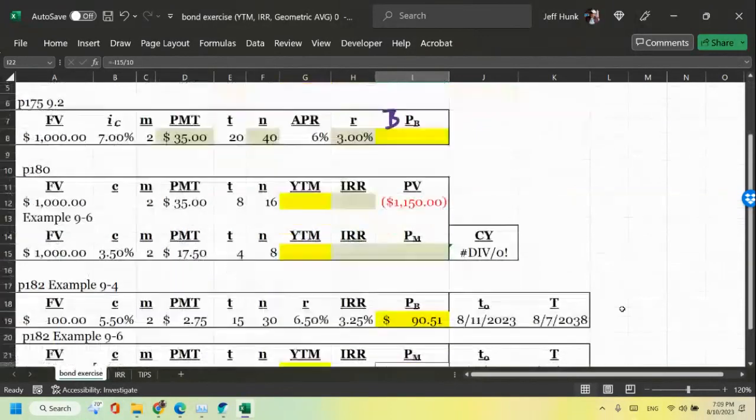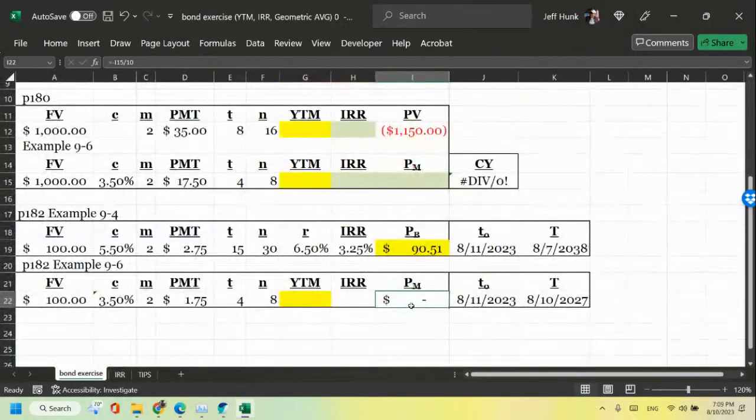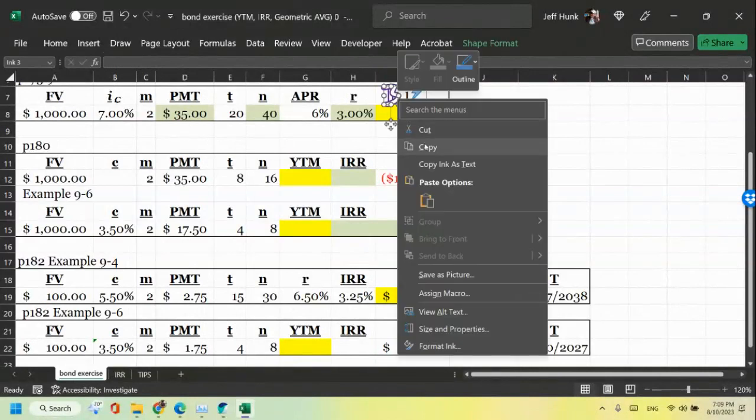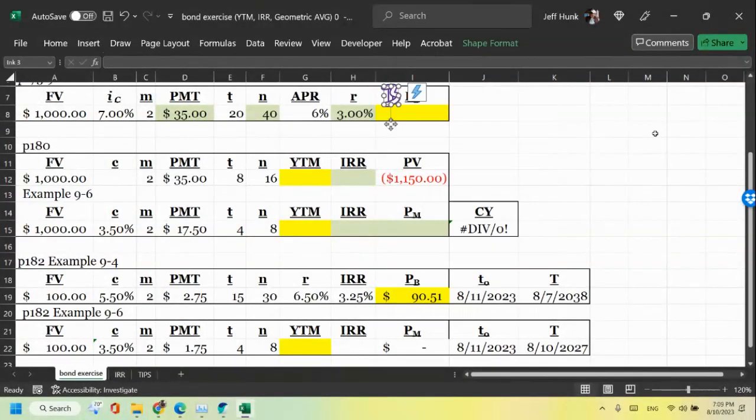Now, if PM stands for market price, that's the price it's going for in the market. So for intrinsic value, I should have used PB.